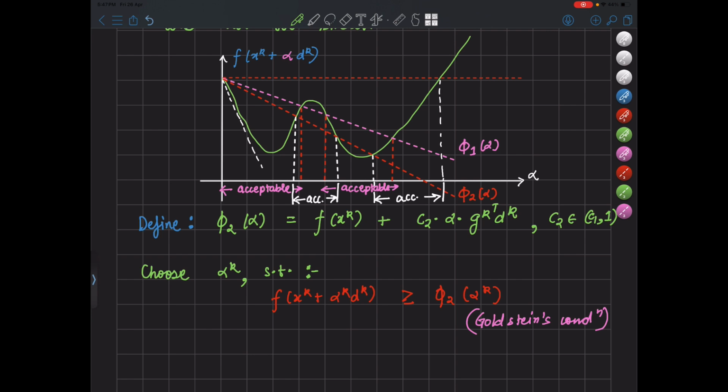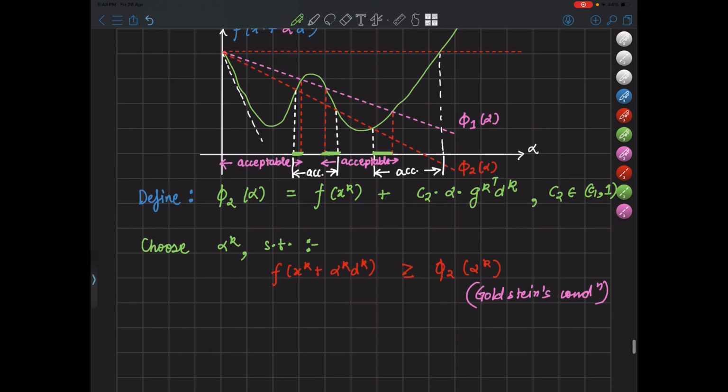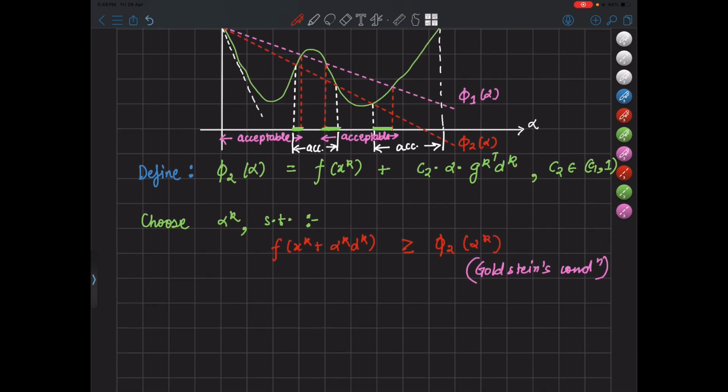They are not very small, and for that reason, alpha k must be chosen in these regions. It must be the intersection of these two conditions, these three green areas. So these are acceptable lengths, and together they are called Armijo Goldstein condition.